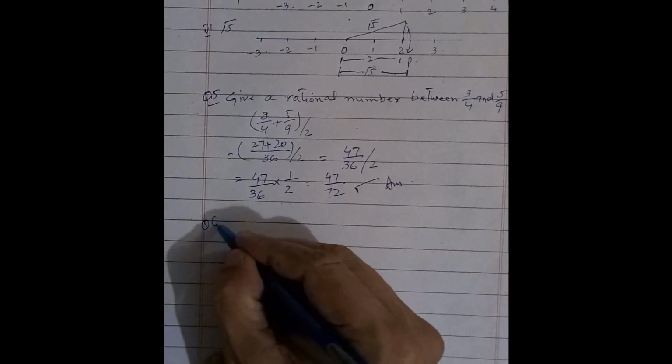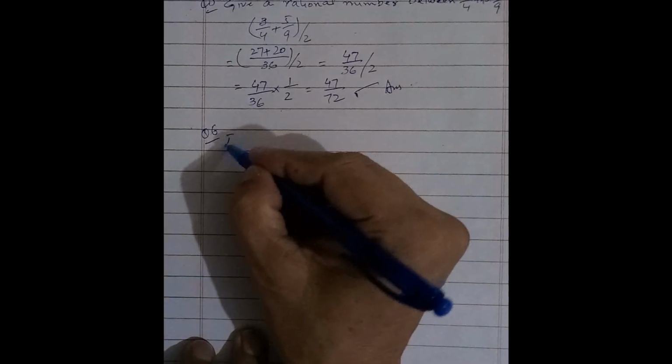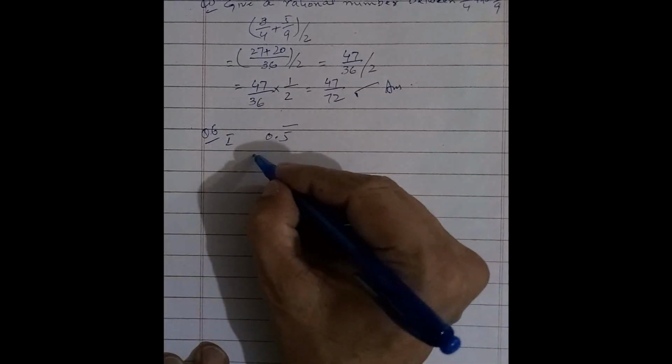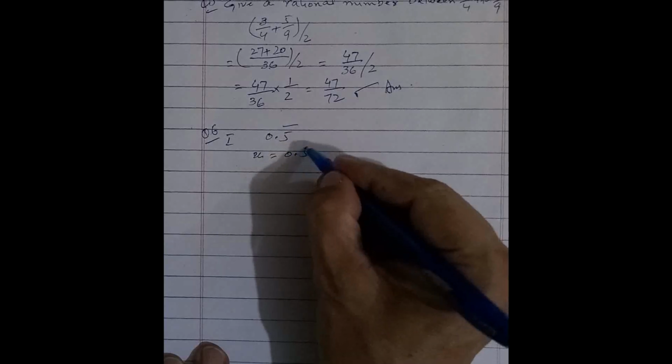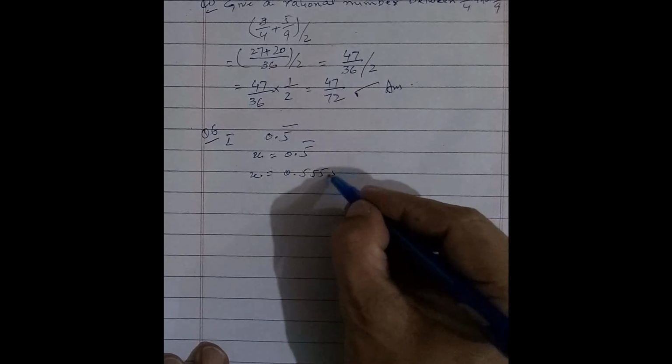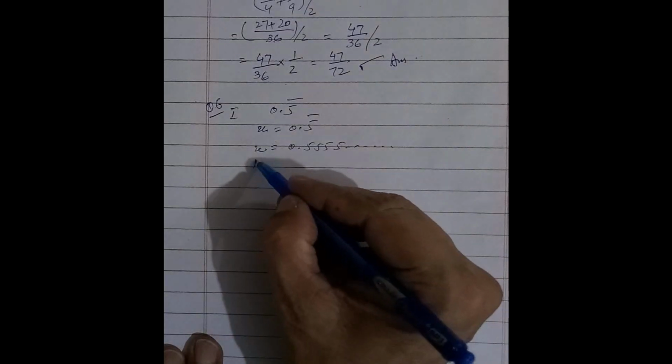And the next, question number 6, in which express the following recurring decimals as a rational number p over q, where p and q are integers and q is not equal to 0. The part 1 is 0.5 bar. This bar means the 5 is repeated in this decimal number, which we write as x is equal to 0.5 bar, and x is equal to 0.5555 and so on. Now we multiply both sides by 10.